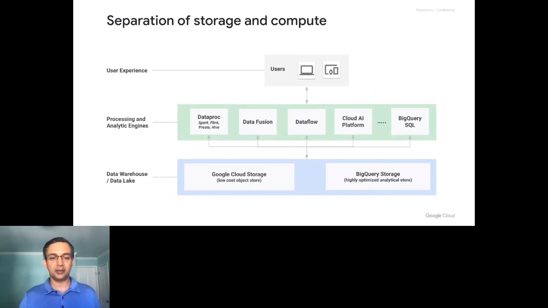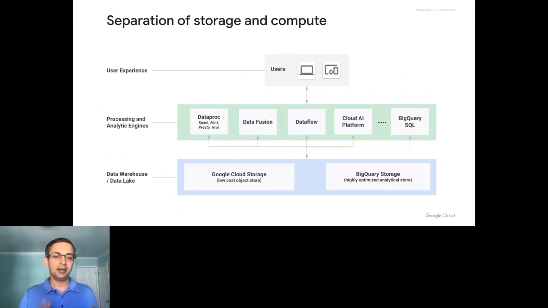So with Google Cloud, we have a low cost object store, and we have a highly optimized analytical store for data warehousing workloads. You can put your data in either of the two based on what the data is, and then you can run your processing and analytical engine of choice that will scale independently of the storage.